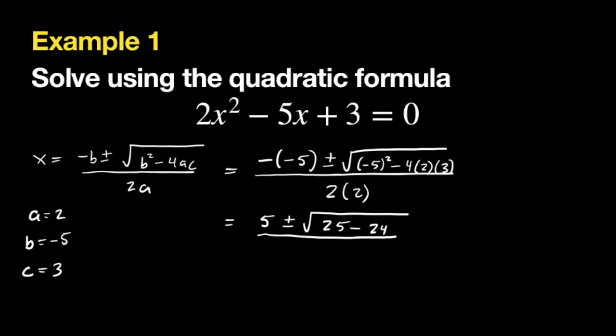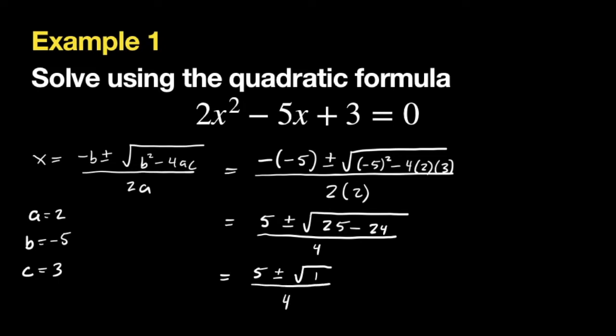And we're going to be dividing this by 4. We can simplify our square root a little bit more. So we're going to do 5 plus or minus the square root of 25 minus 24, which is the square root of 1. And that is going to be divided by 4.